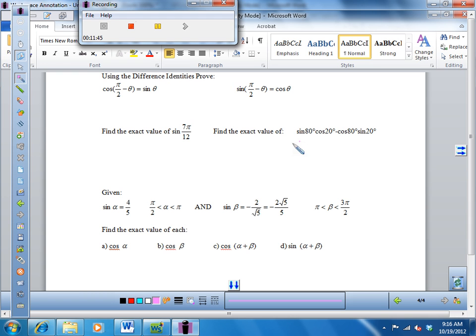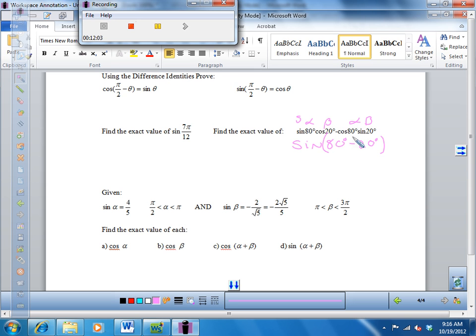So this is actually sine of 80 minus 20. Do you see that? Because this is the sine formula. This is alpha, this is beta, this is alpha, this is beta. So it's sine alpha cosine beta minus cosine alpha sine beta.